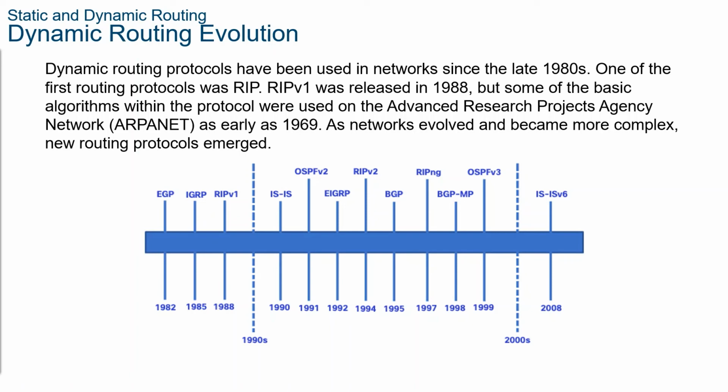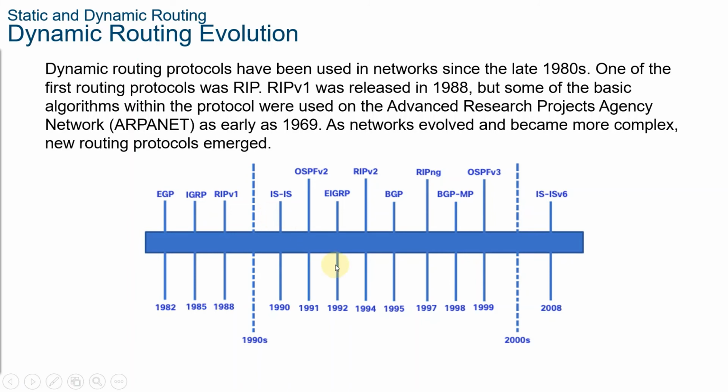So to address the needs of larger networks, two advanced routing protocols were developed: OSPF and Intermediate System to Intermediate System, or IS-IS. Then Cisco developed the Interior Gateway Routing Protocol, or IGRP, which was then replaced by Enhanced IGRP, or EIGRP, which also scales well in large network implementations.